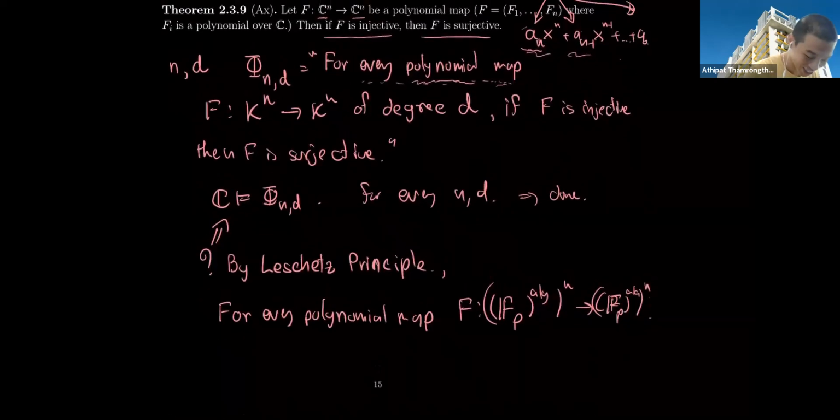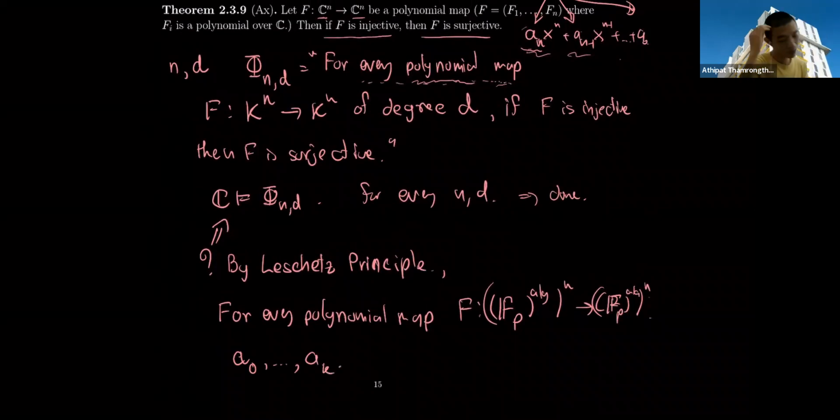This is also interesting. When we consider a polynomial map in here, you only consider coefficients. Let's say you have a_0 up to a_k; these are the coefficients of your f.